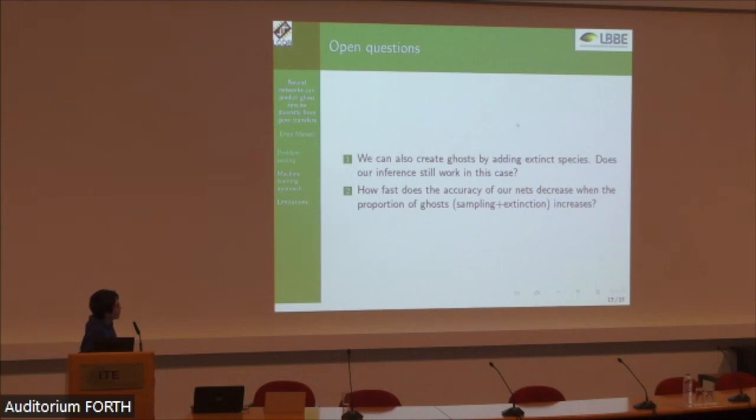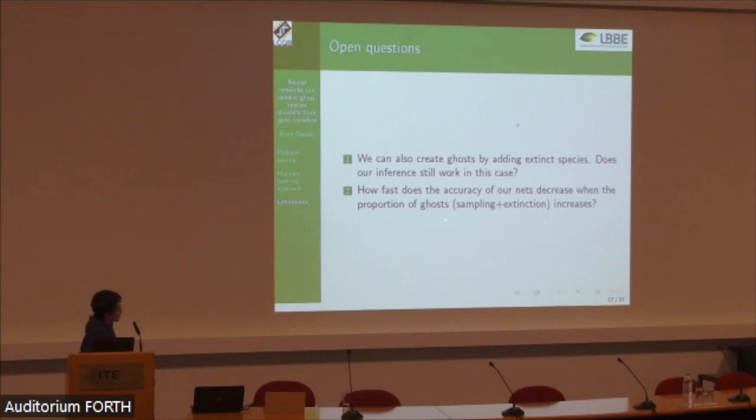We have open questions after this work. There's lots of work we could still do to see what the limits of our approach are. For example, we could create ghosts by adding extinct species. In our case, we have only created ghosts by generating a species tree with a pure birth model, then sampling species from this tree, so there was no extinction. We wonder if our inference still works when there's extinction.